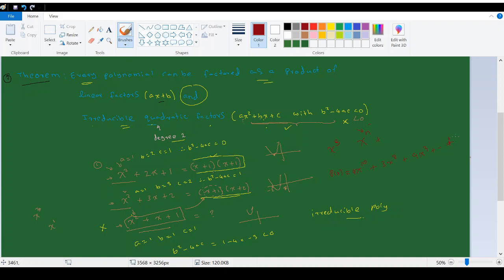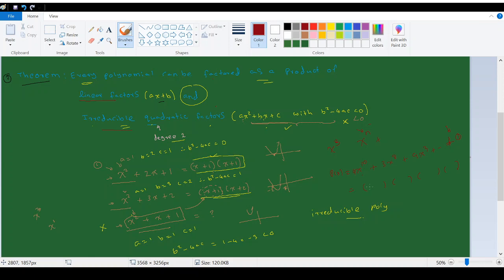And a polynomial does not have infinite terms, so it will have a finite number of terms, and it is not a must to have a constant at the end. It can be even 0, right? So no matter what degree it has, the theorem says you can write this polynomial as a product of linear factors and irreducible quadratic factors, right?